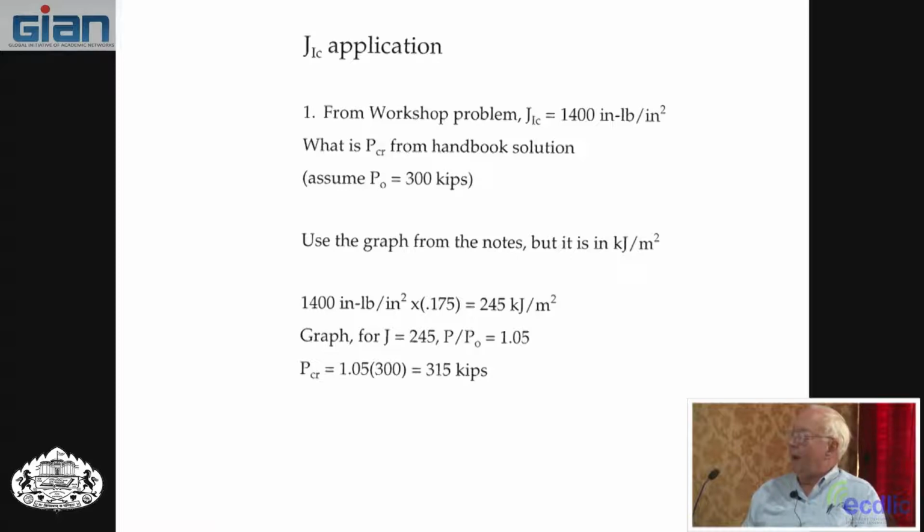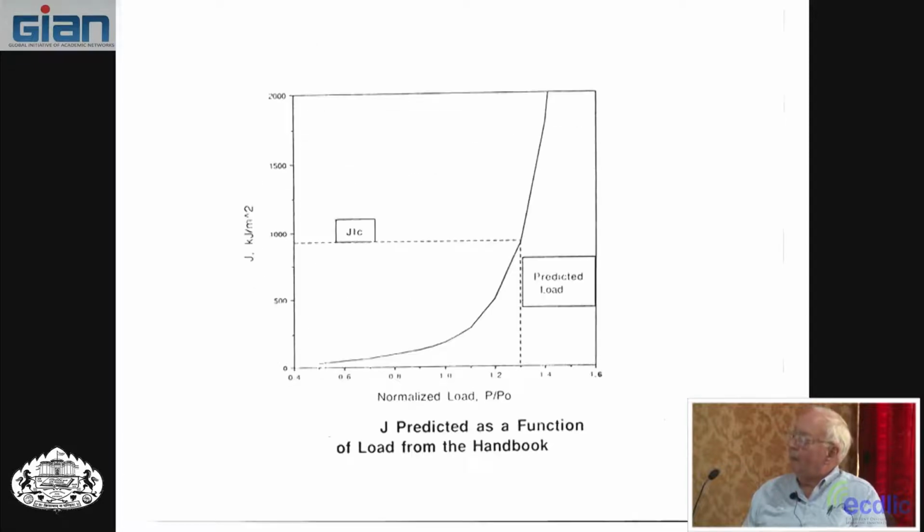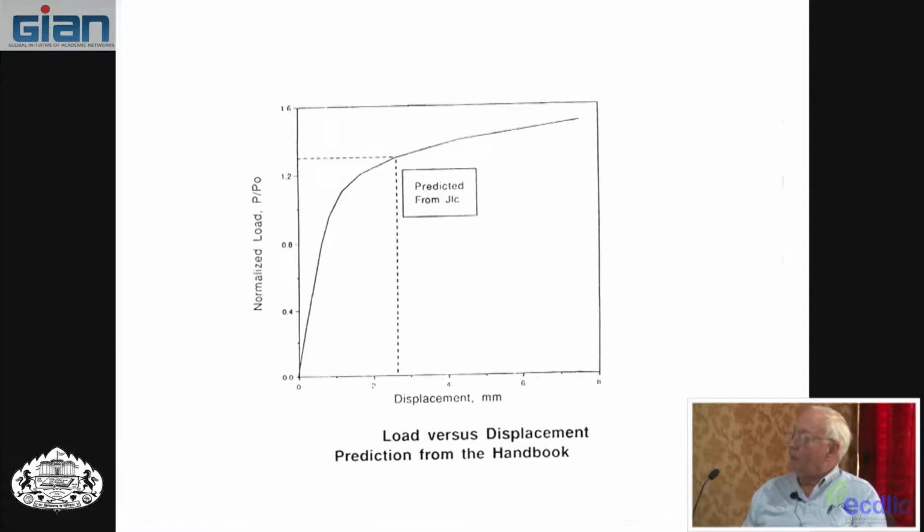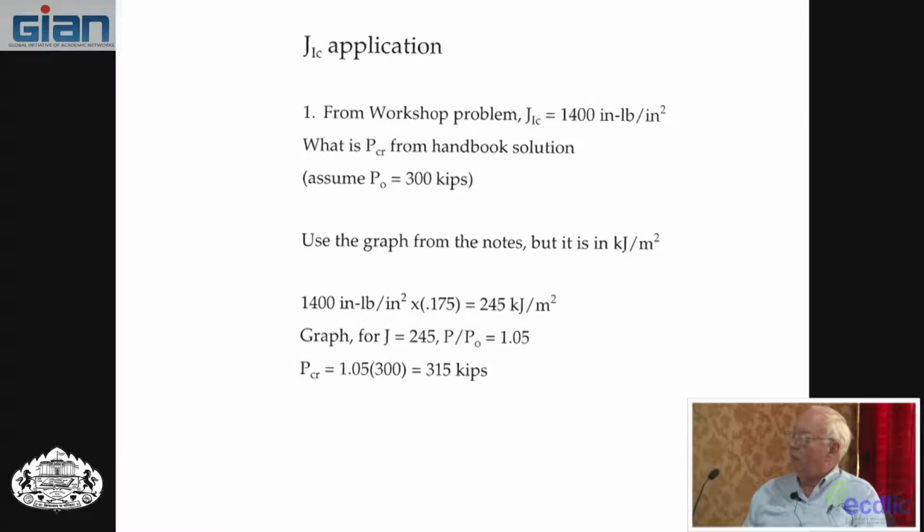So use the graph, but the graph was in kilojoules per meter squared, so I had to do all the conversions of units. The conversion from inch-pounds per inch squared to kilojoules per meter squared is 0.175. Not a very nice round number, but that's the conversion. So this is the critical value of J that we were looking for.